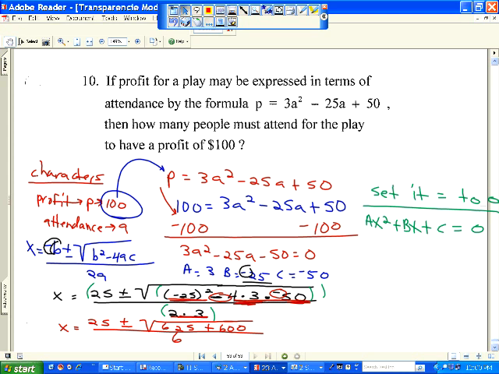So on paper, what am I going to do next? Add those, right? And so I would have x is equal to 25 plus or minus the square root of 1,225 over 6, right?